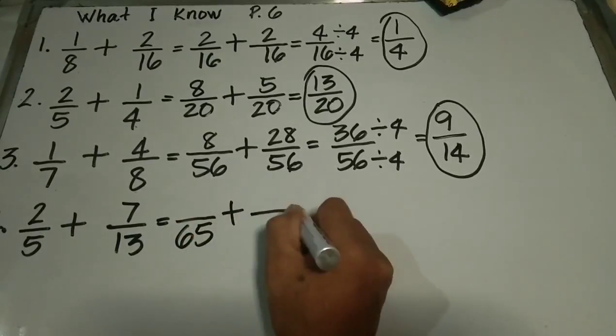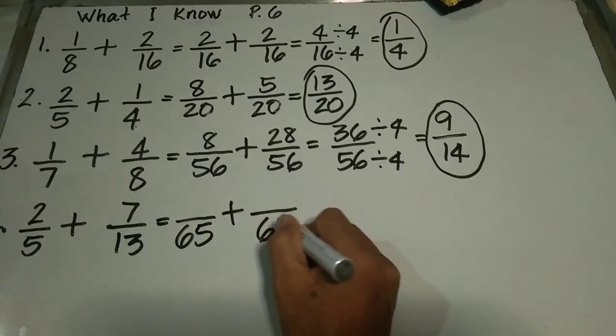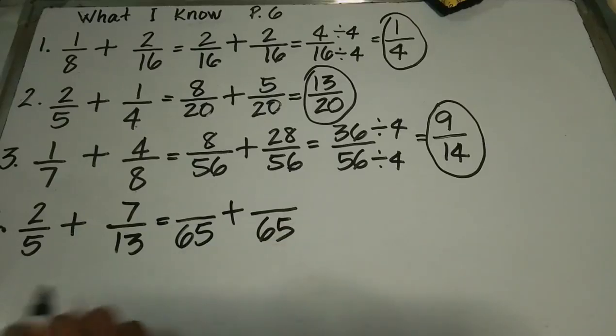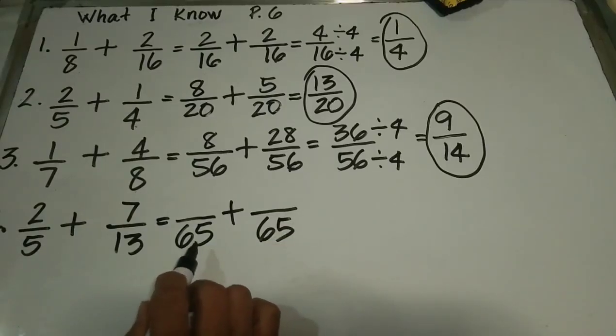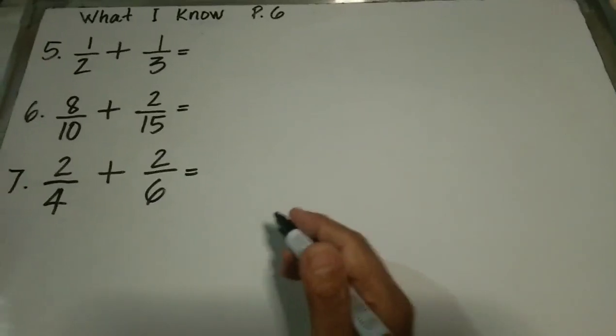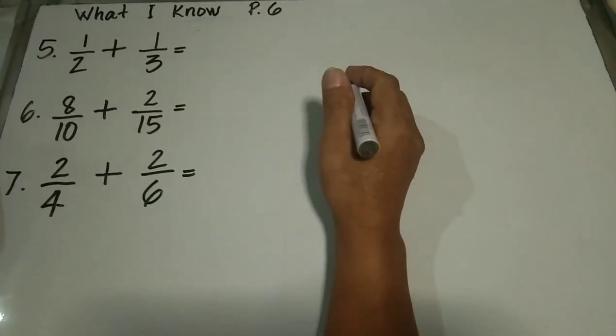So 65 will be the LCD of the fractions. So we will now go into the next operation. 65 divided by 5, it's the opposite, 13 is the answer. 13 times 2 we have 26.